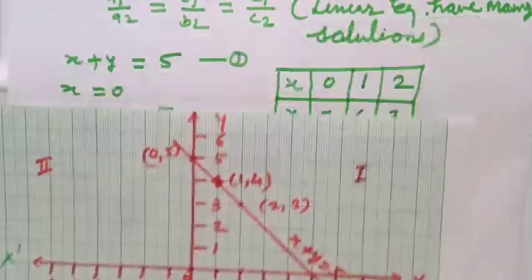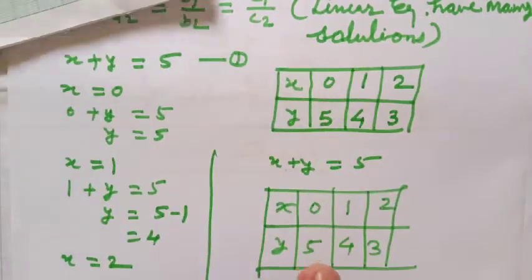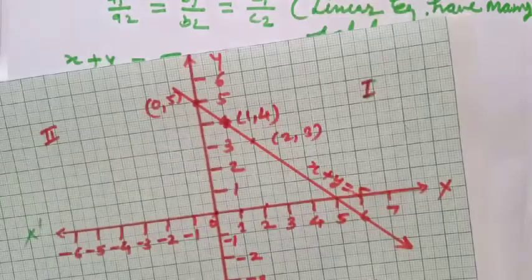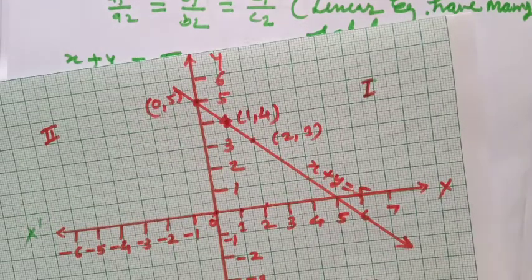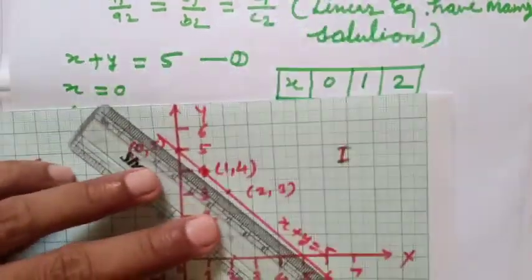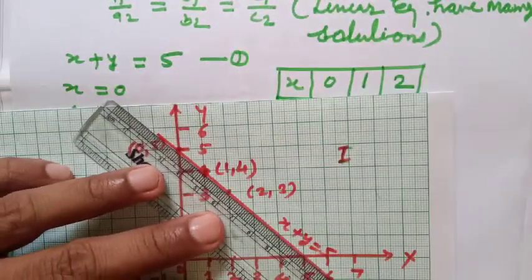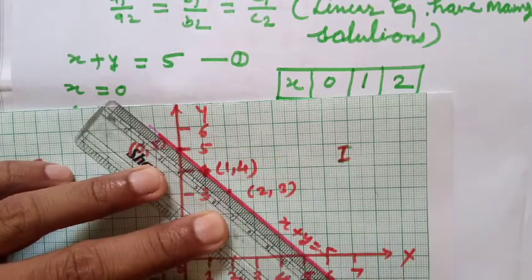Now the second linear equation is the same and the coordinates are also the same, so the second graph will go through this graph only. Clear? It means the second graph will be like that.